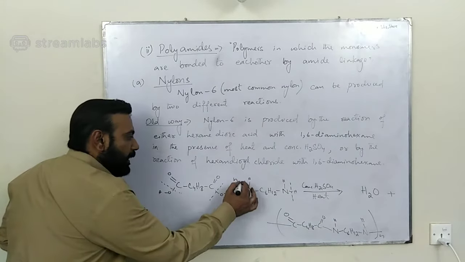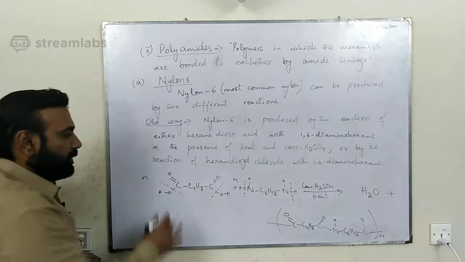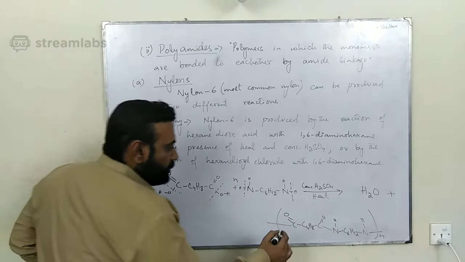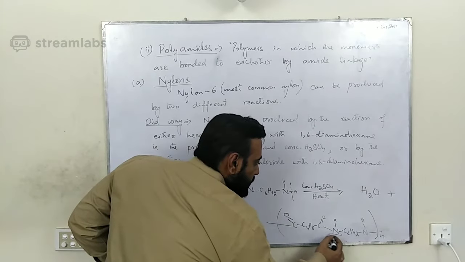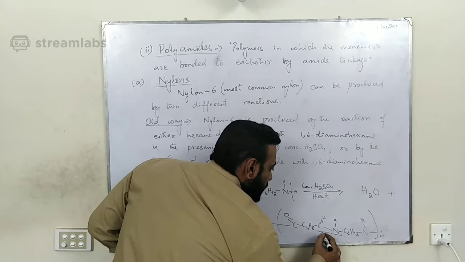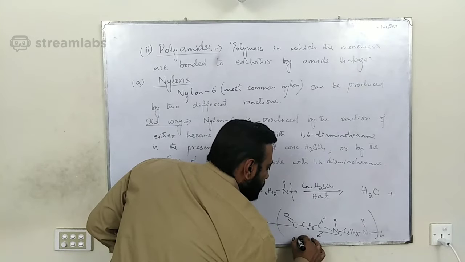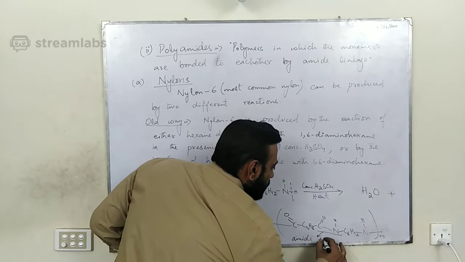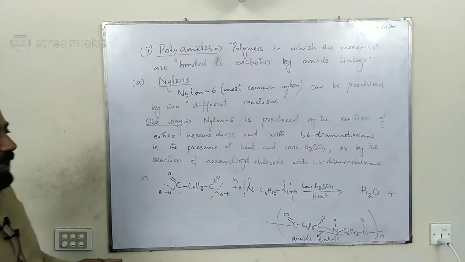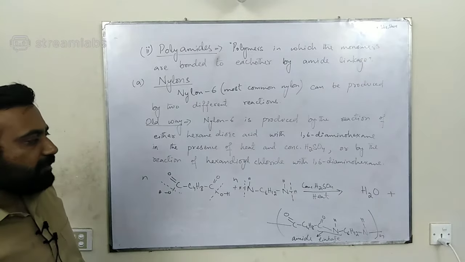If there are n such monomers and n monomers like these dioic acids, the linkage between the monomers holding them together is the amide linkage. This amide linkage will keep on repeating itself several times.